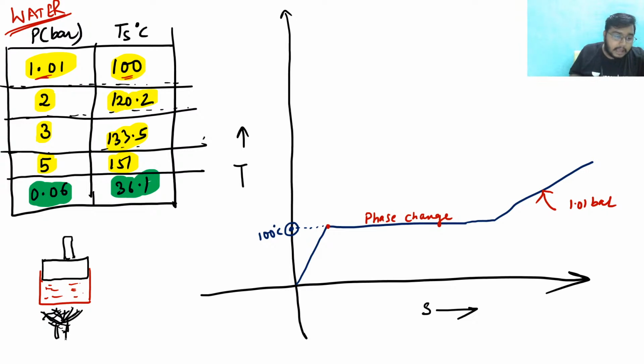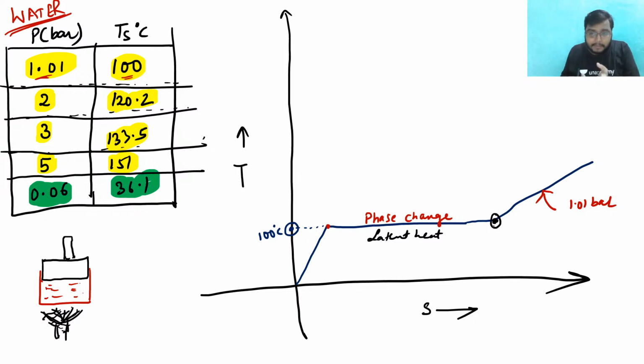Even if you are giving the heat, since it is undergoing a phase change, latent heat will be there. Due to this phase change, this graph is flat.